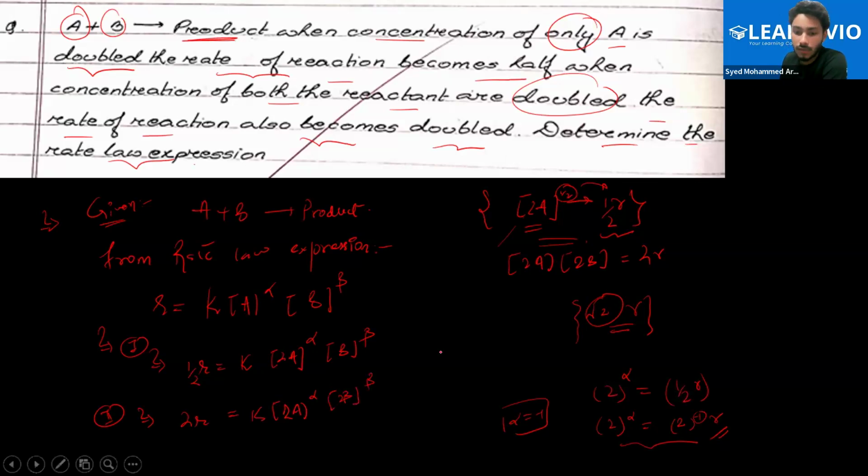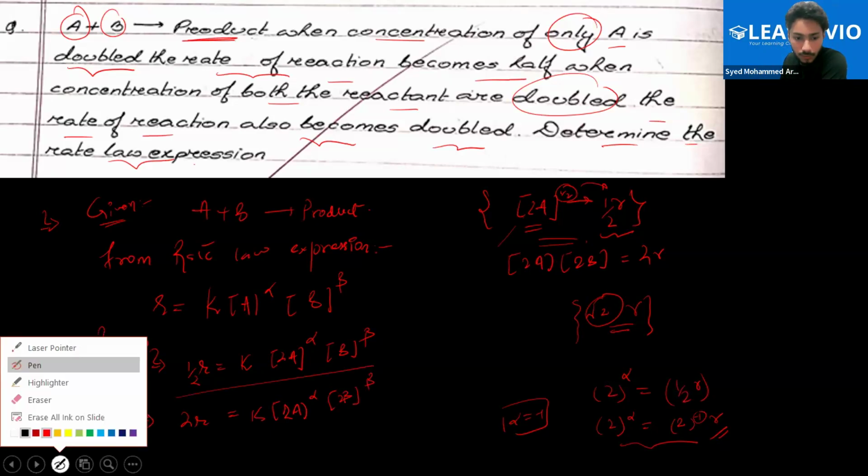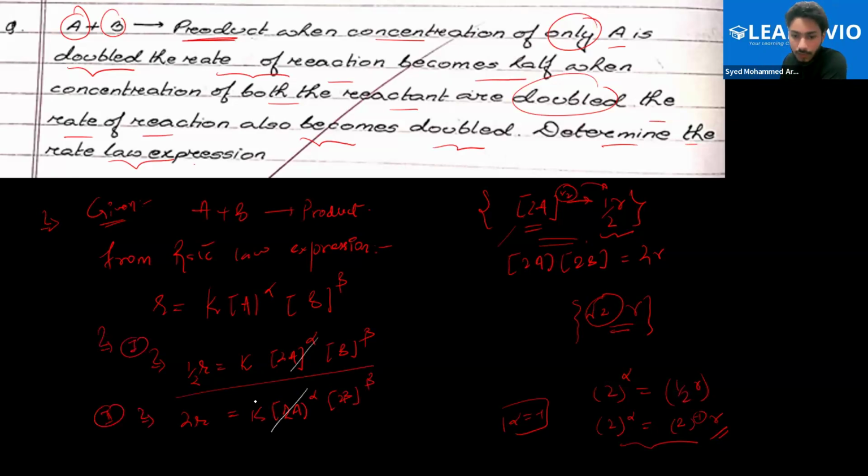Now what you need to do is eliminate one thing first. This is the first, this is the second, just divide 1 by 2. If you divide 1 by 2, the 2 to the alpha and 2 to the alpha will cancel out, k and k will cancel out, r and r will cancel out.